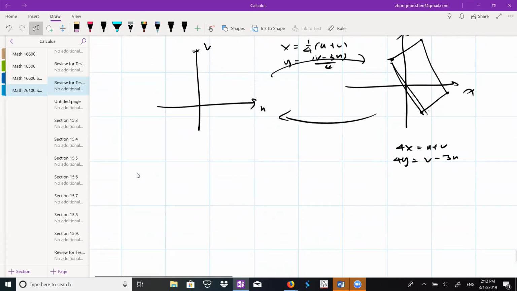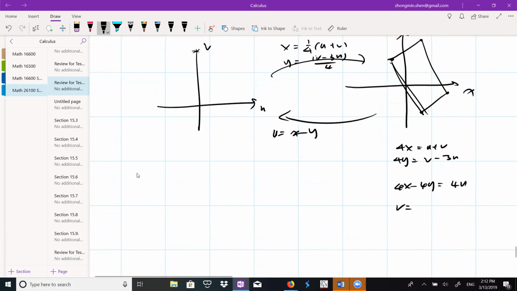Okay, I do the subtraction. I get 4x minus 4y equals 2u. So u is going to be (x minus y)/2. Okay, so how can I get the v?